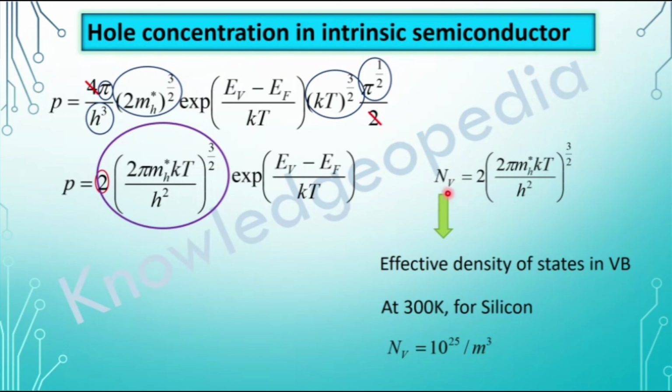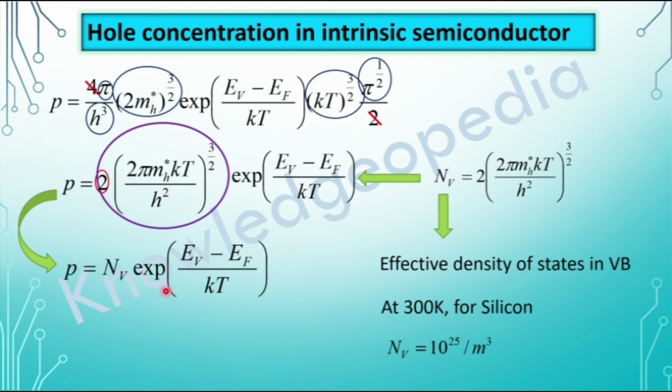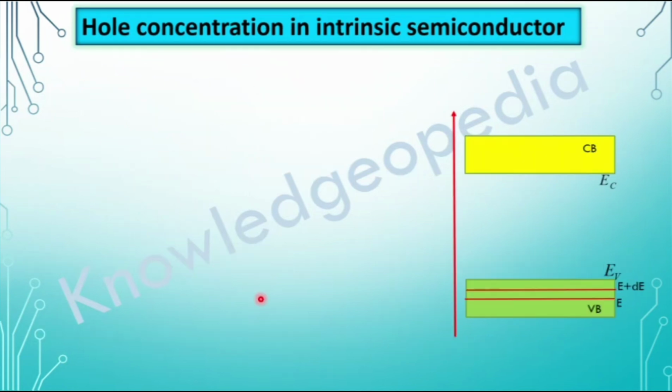Now substituting this value over here, p can be written as Nv exponential Ev minus Ef by kt. This is the final expression for the number of holes per unit volume in the valence band. Let us now summarize the class by discussing the steps we have followed and the final expression we obtained.